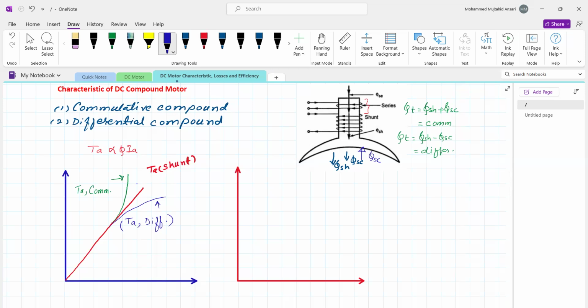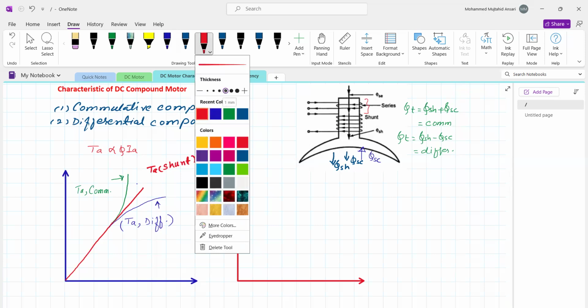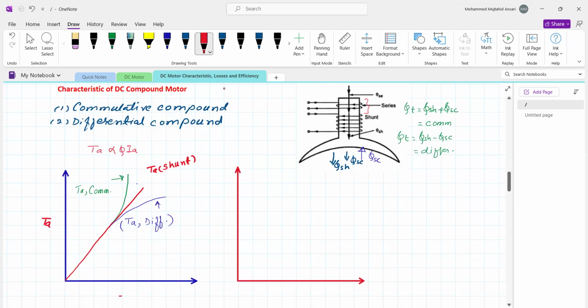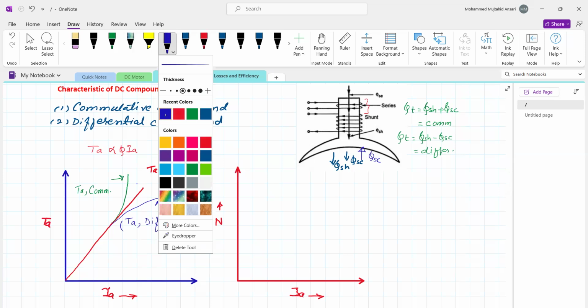Now, this is for the armature torque. This is torque TA and it is armature current. So this is the relation. Now similarly, this is speed in RPM, and this is armature current. So torque versus armature current and speed versus armature current. Now again we will draw the characteristic of the DC shunt motor.